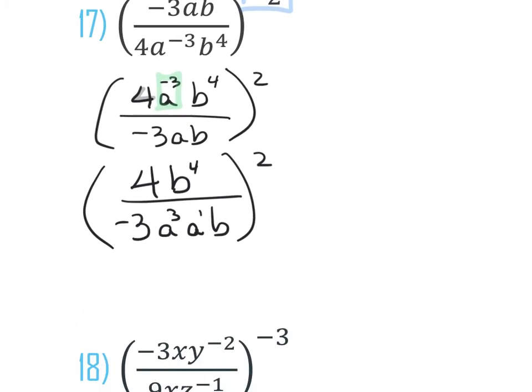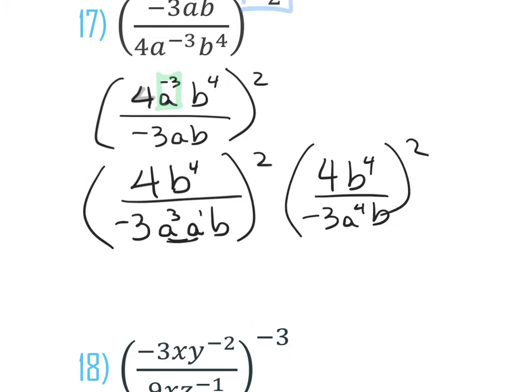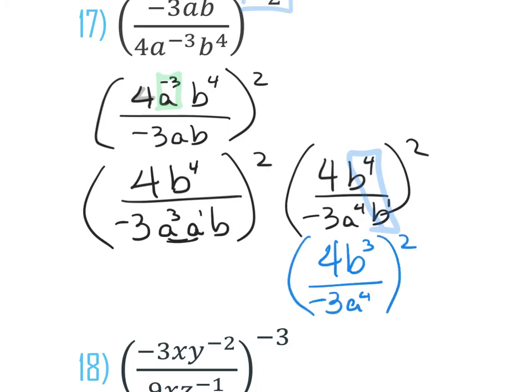I can now combine these a's. And then it's squared. Now I can also subtract the b's. 4b to the 3rd over negative 3a to the 4th, and it's still raised to the 2nd power.